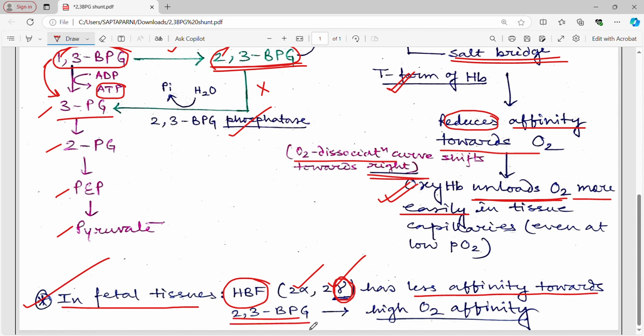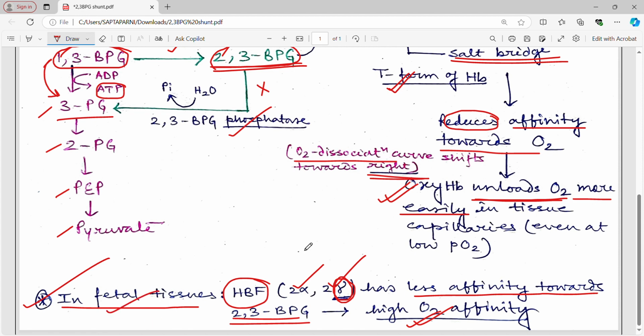As a result, they cannot bind to 2,3-BPG and they cannot unload oxygen as easily as our adult hemoglobin can. So they have a very high affinity towards oxygen but low dissociation of oxygen to the tissues, or low delivery of oxygen to the tissues. So the opposite thing happens in fetal tissues.